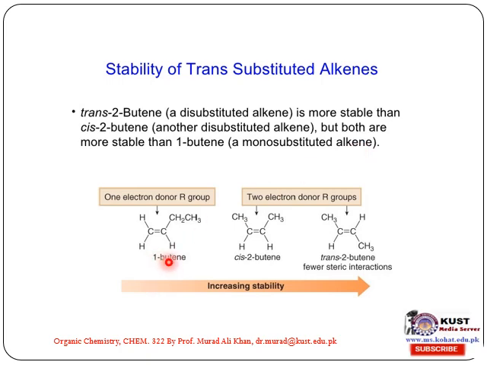Here, this is less stable. Then comes the disubstituted or 2-substituted. So cis-2-butene is more stable as compared to 1-butene, but trans-2-butene is more stable than cis-2-butene. This is the stability order.